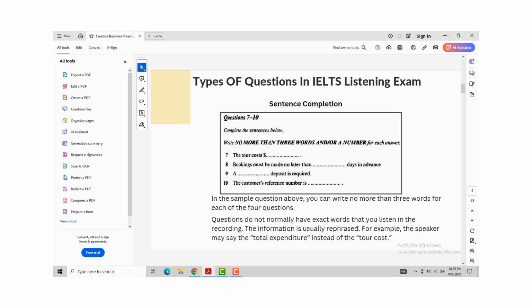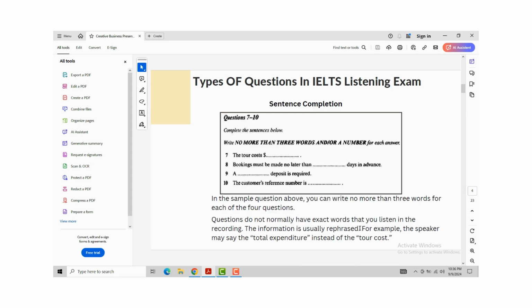They will always use paraphrasing and synonyms. So you have to be very careful. You have to listen to the recordings very carefully, because if you don't, you can easily miss the answer, because the question will not have the exact same wording as in the recording. There will always be paraphrasing or synonyms.